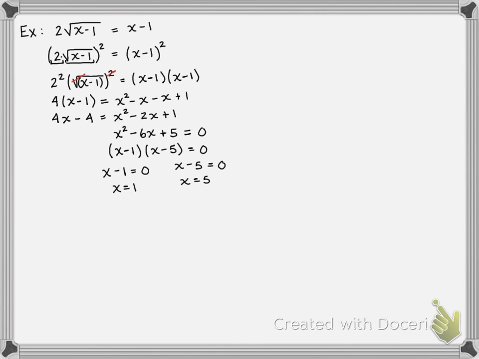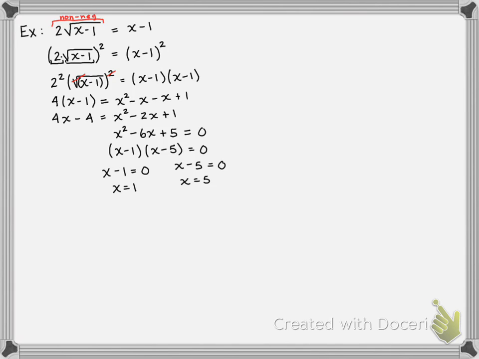So last step is to check. Remember, this side is non-negative. So when you have a 0, that's fine. It's technically not positive or negative, but it's not negative. So as long as it's not negative, that's okay.